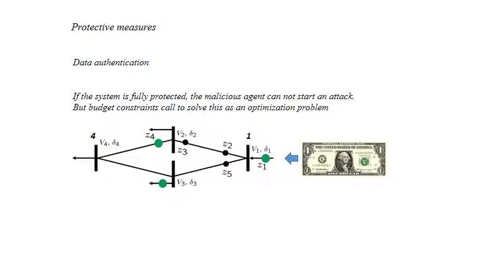Of course, the best protective measure is to protect all the buses, but this means spending sums of money that may not fit the budget of the companies. So we want to see this as an optimization problem, where we can find the best solution for a given budget and still be protected.